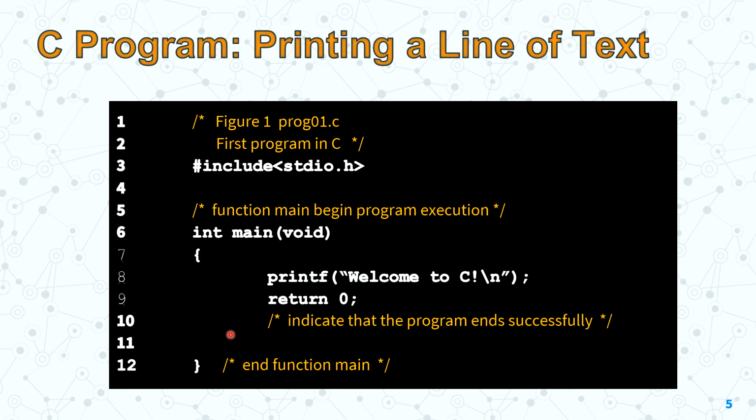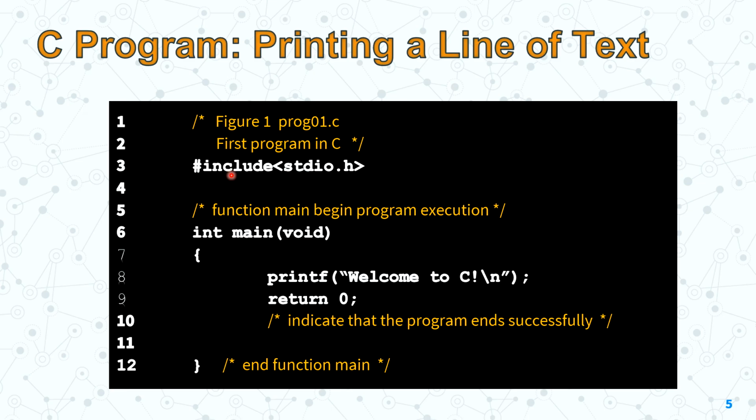Now let's look at the actual C program shown on this slide. The third line has hashtag include, in brackets, stdio.h. This stdio.h represents the standard input-output file.